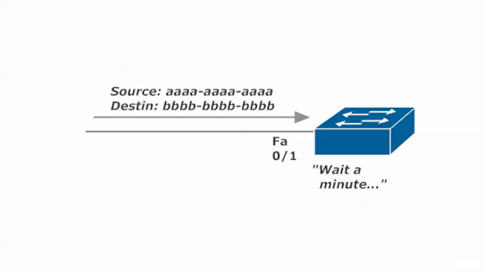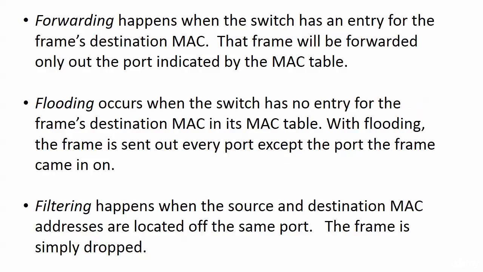This is not an illegal action, but it's very unusual. And this is when a frame gets filtered, which is just another way of saying it's going to get dropped. The switch looks in its MAC address table and says, okay, the source and destination for this frame are both found off the same port, in this case FastEthernet 0/1, and it's just going to drop the frame. That's all that's going to happen.